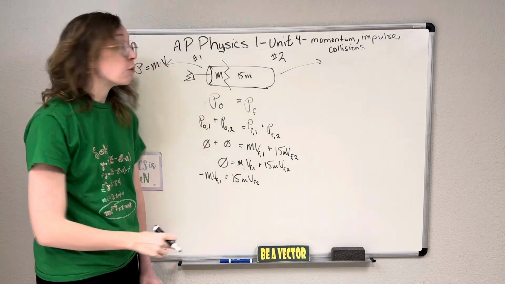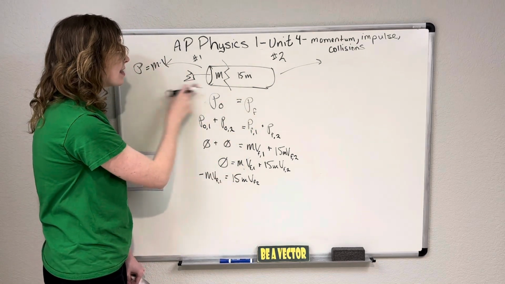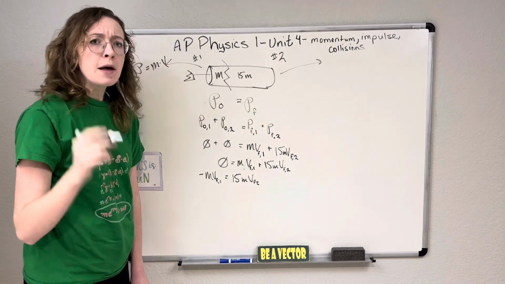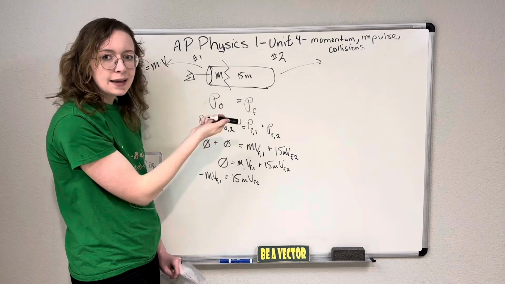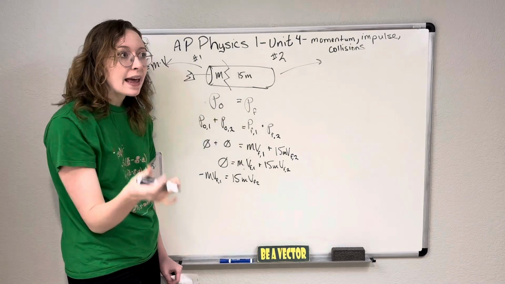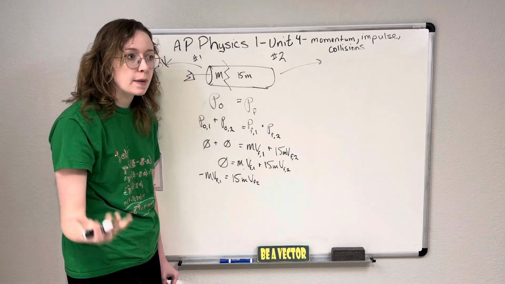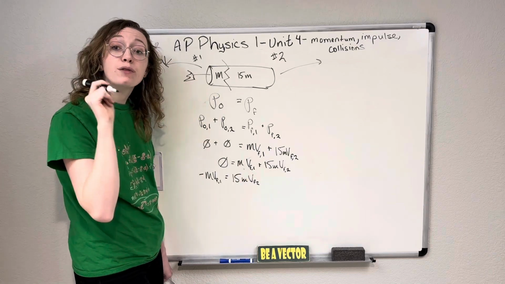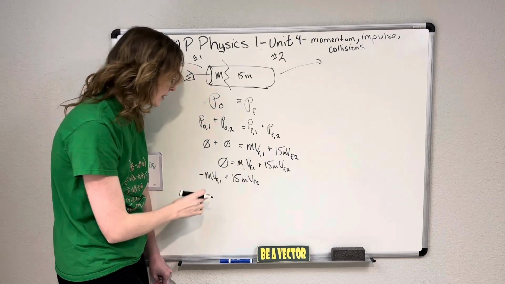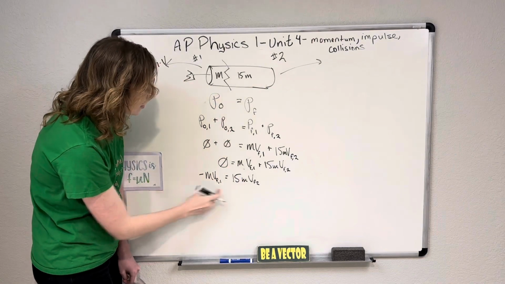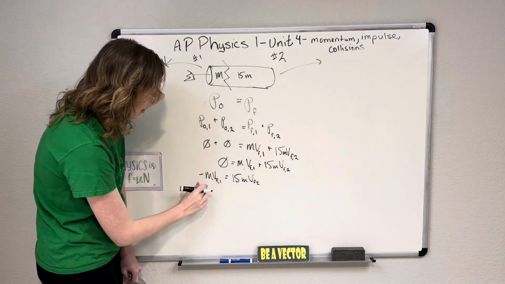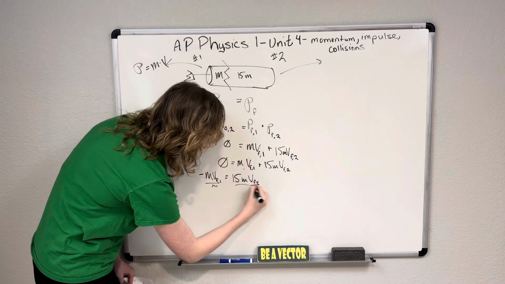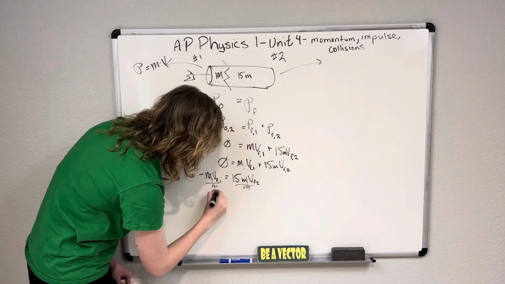They're exactly equal. The momentum of this piece at the end is equal to the momentum of this piece at the end. Now, you might be thinking, wait, but this piece on this side is way heavier. Shouldn't it have more momentum? Well, you're right that it is heavier, but if we solve for the respective velocities of each piece at the end, which I'm going to do by just dividing both sides by m, I have an m here and an m here, so if I divide by m, both cancel.